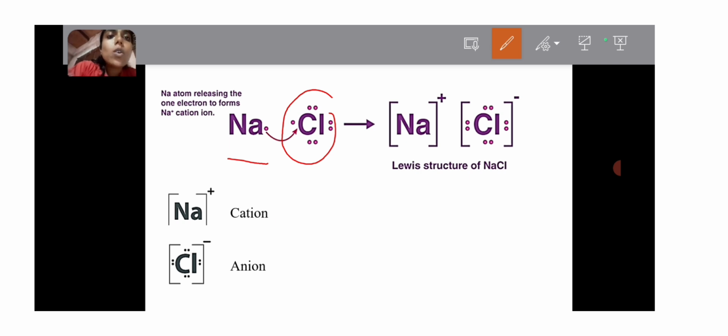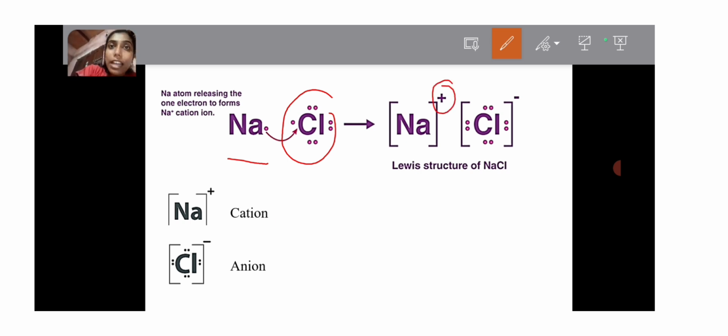So when sodium and chlorine combine with each other, the sodium loses 1 electron and becomes a sodium ion. As it loses 1 electron, it gains a positive charge.